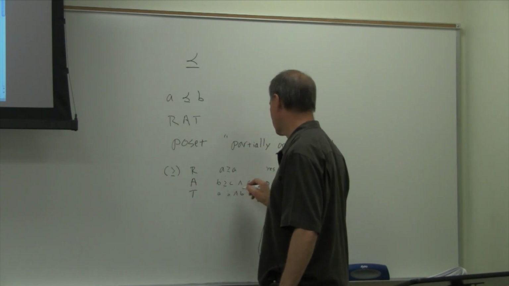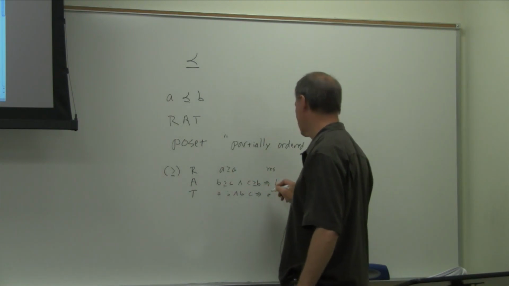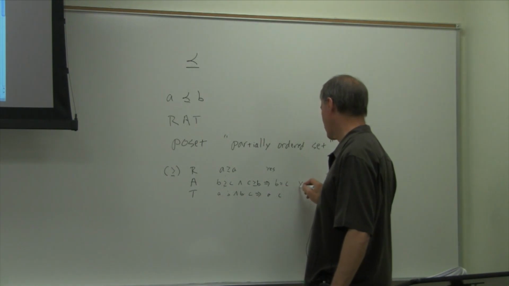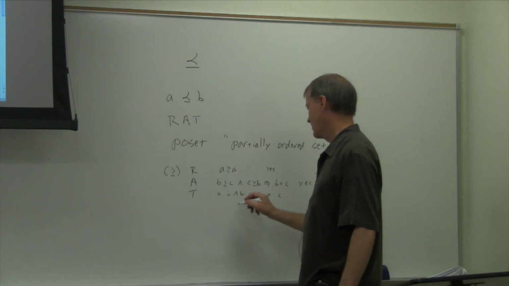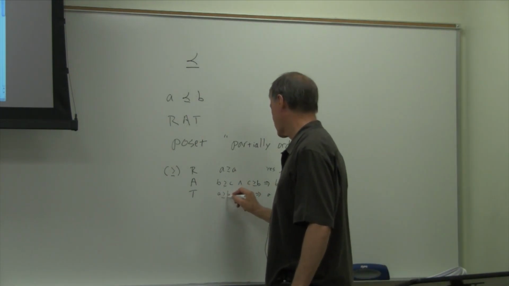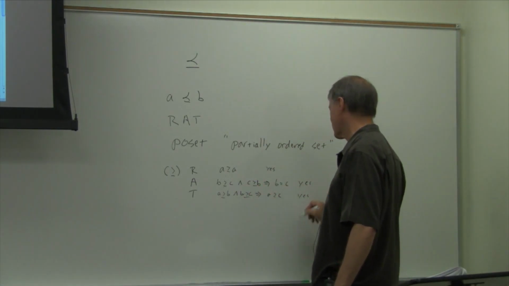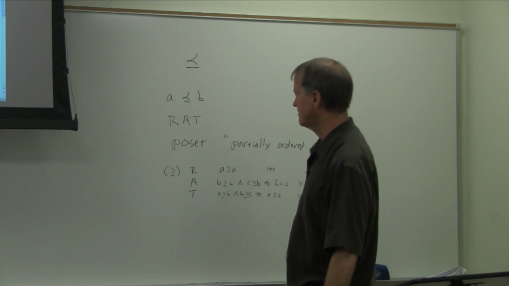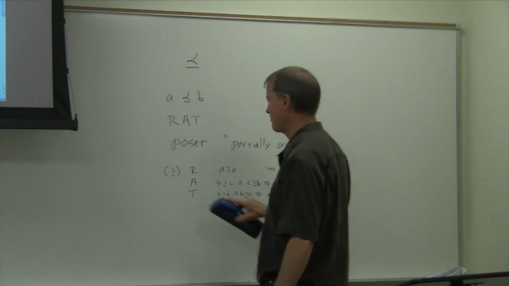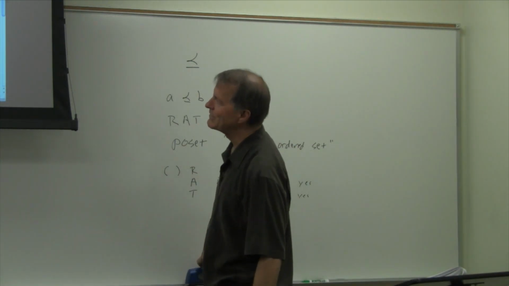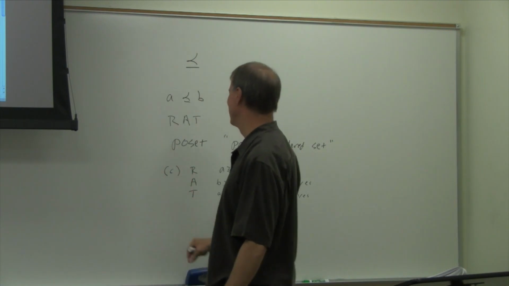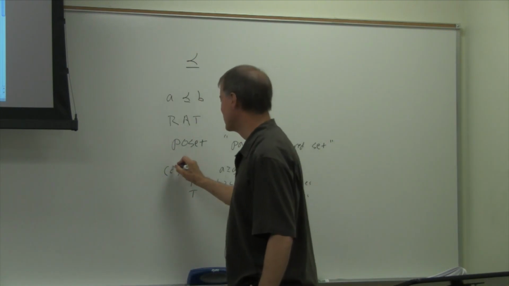B is greater than or equal to C, and C is greater than or equal to B implies they're equal. Yes. And then A is greater than or equal to B, and B is greater than or equal to C implies A is greater than or equal to C. That's yes. So that one's a poset. Anyway, so now D.